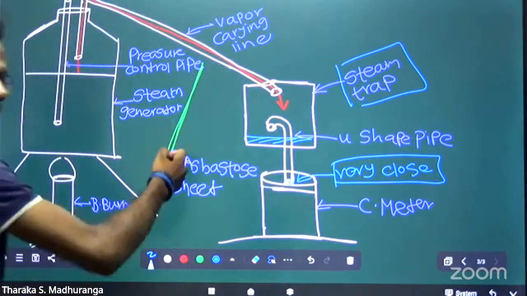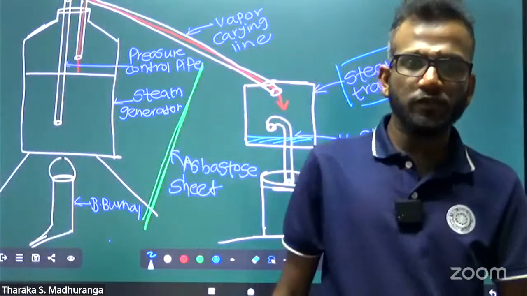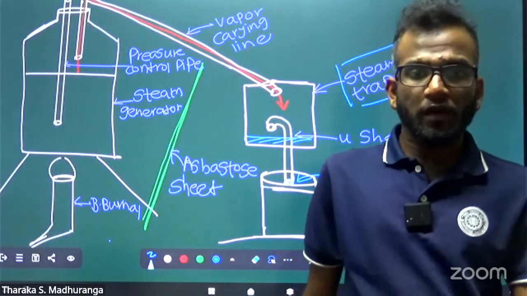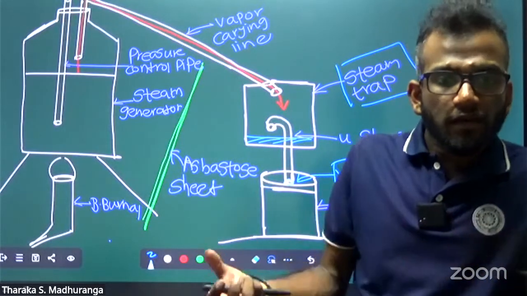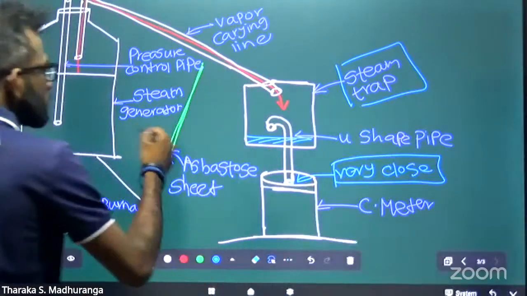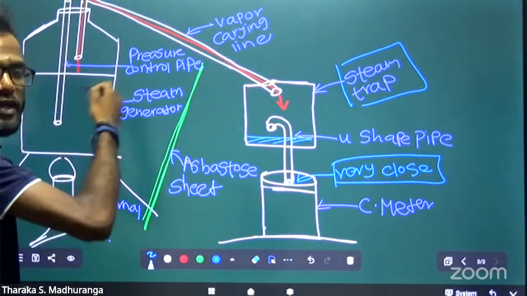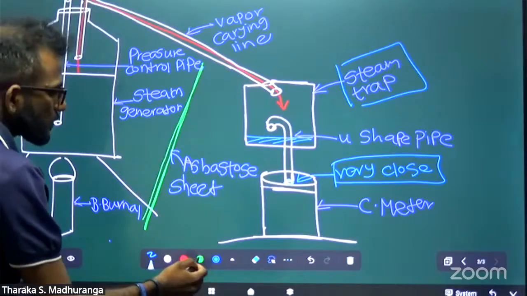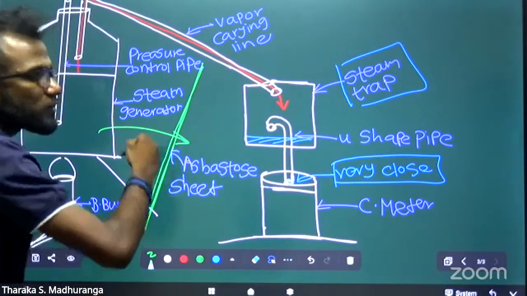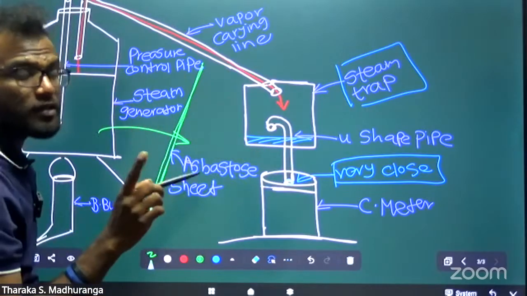This asbestos sheet we use to avoid heat transferring. This is also a heating process, no? Therefore some part of the heat may transfer to this side. It is a problem.